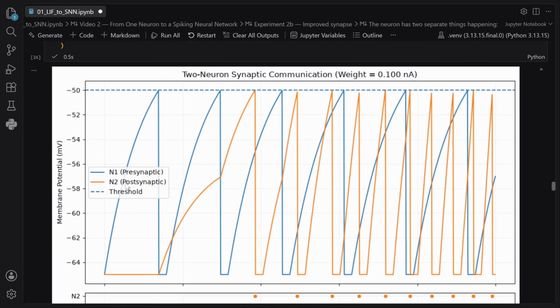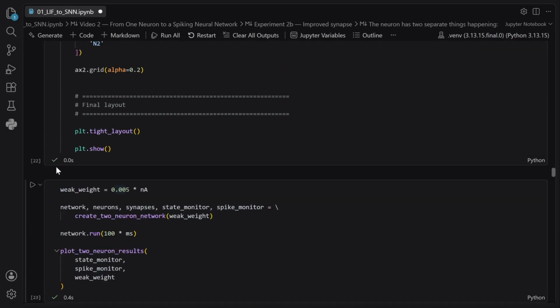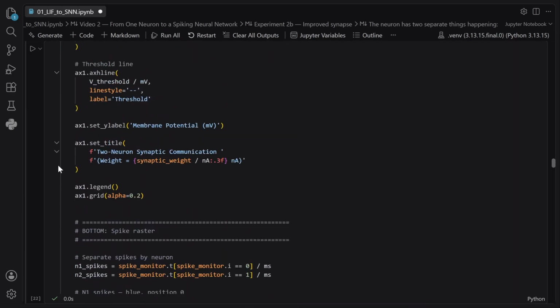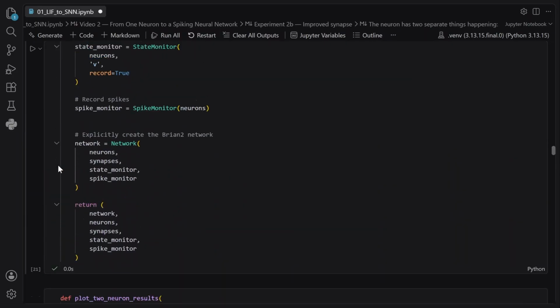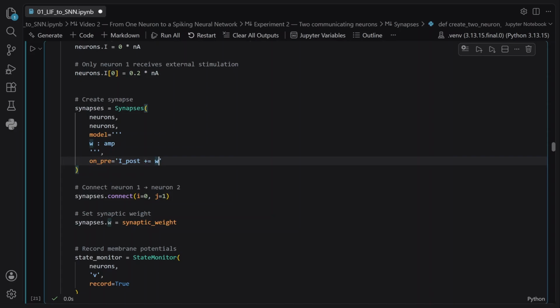The original rule in this function, if we look at the function, is that whenever there's a spike from the first neuron, add, I believe, 0.1 ampere to the second neuron's synaptic current, right?